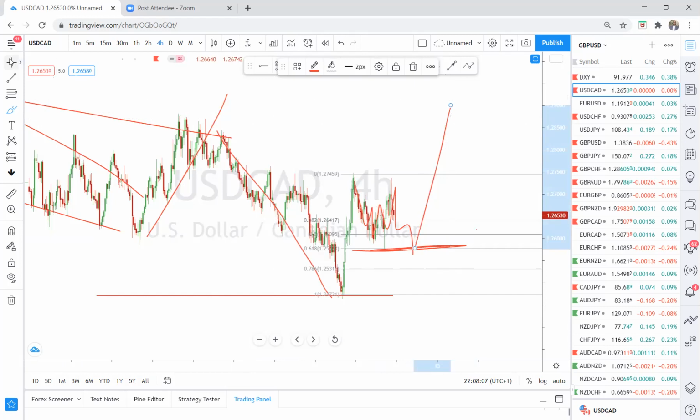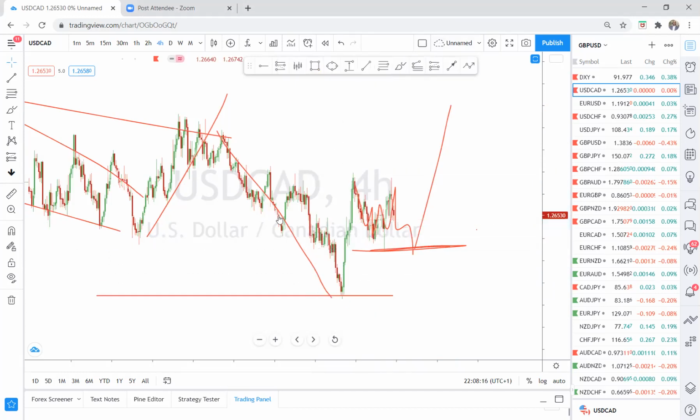Then you should ask me, how far should you target in your upside? This is where you use trend-based fib expansion tools. Look at it, trend-based fib extension.